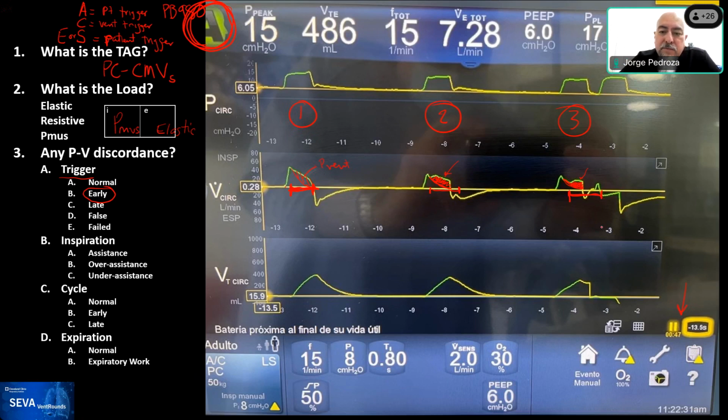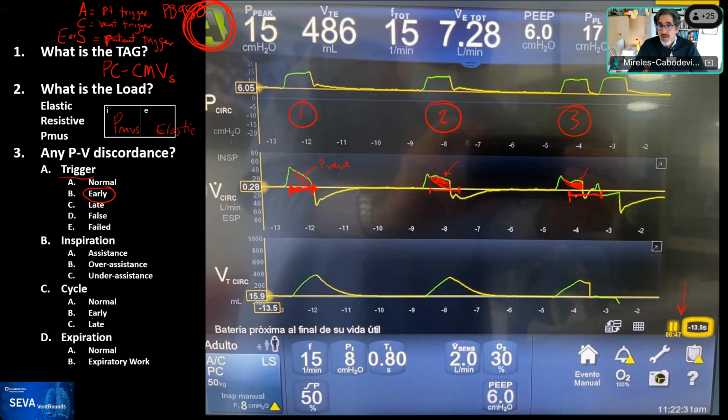I love this image that you sent, Jorge, because it shows a couple of things. One of them is the timing for an early trigger: you can see on this one it almost started immediately after the breath. The second one started a little bit later, and it caused a bit of an early cycle.